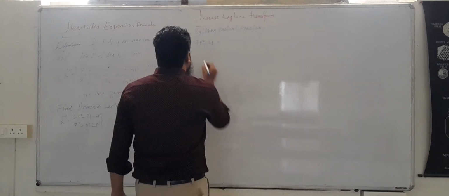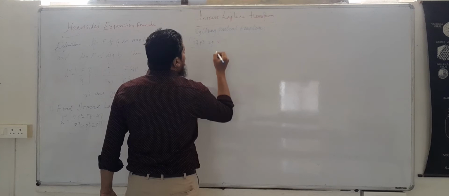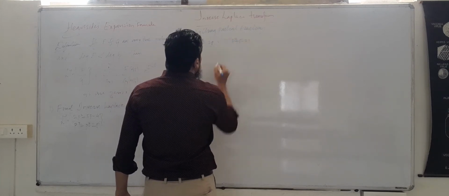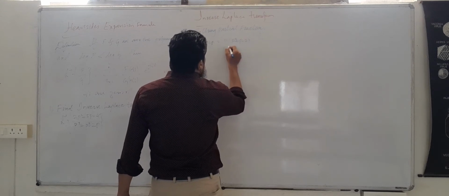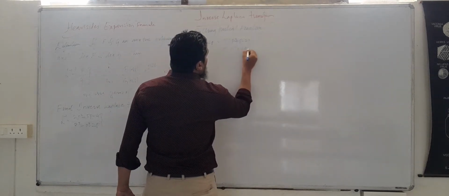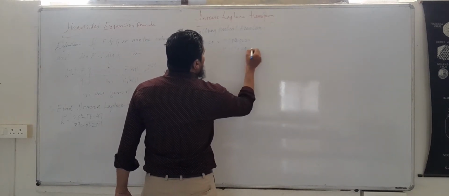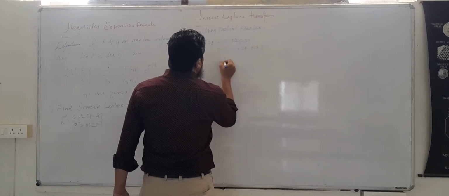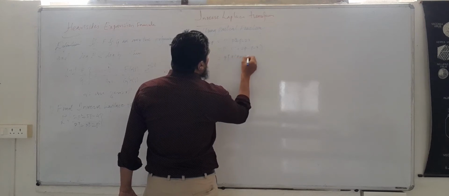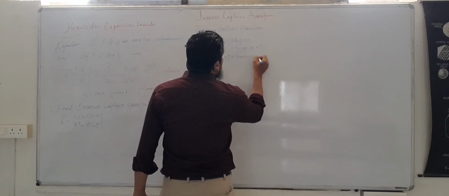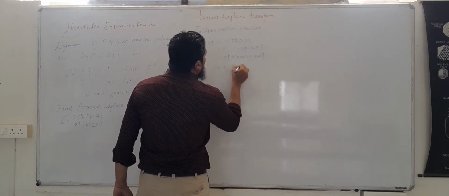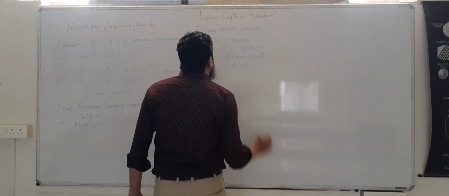We can take p common outside. We will get p into p square plus p minus 2, and we can solve this quadratic equation. p square plus 2p minus p minus 2, taking p common outside we get p plus 2, and we get p plus 2 and p minus 1.